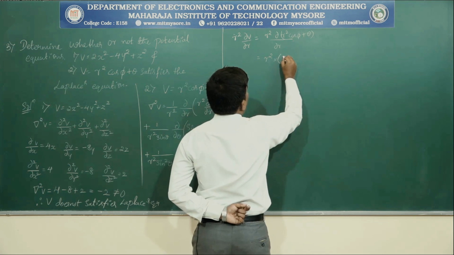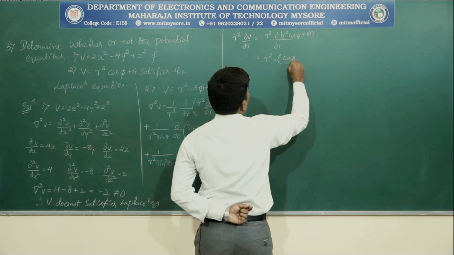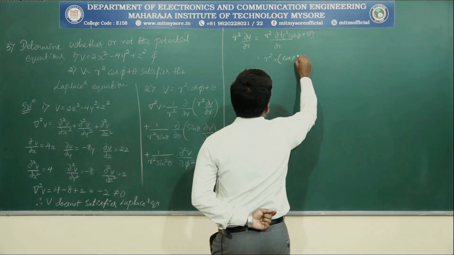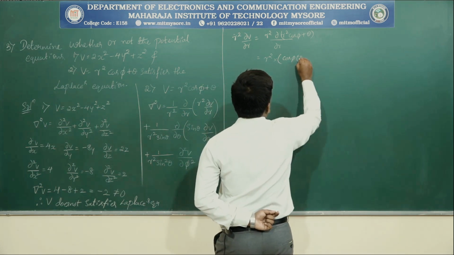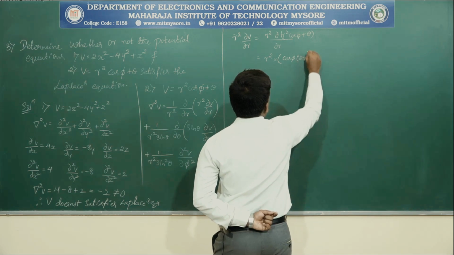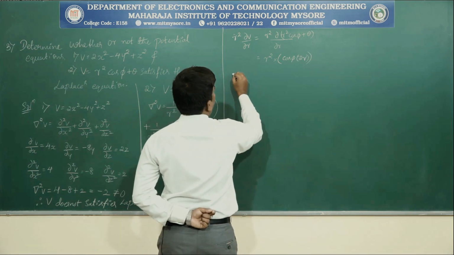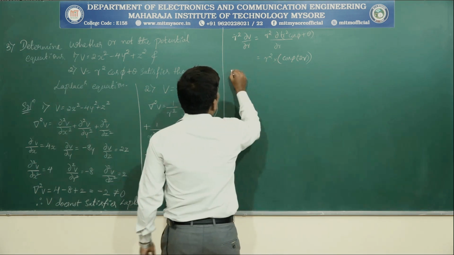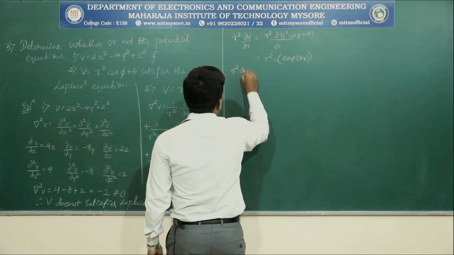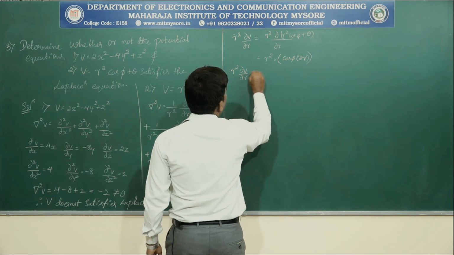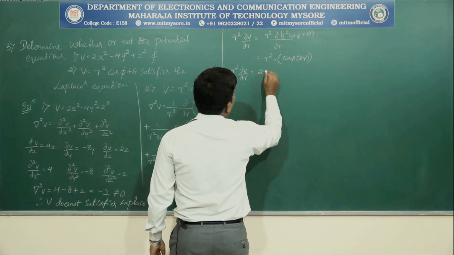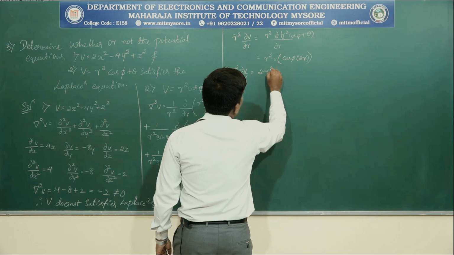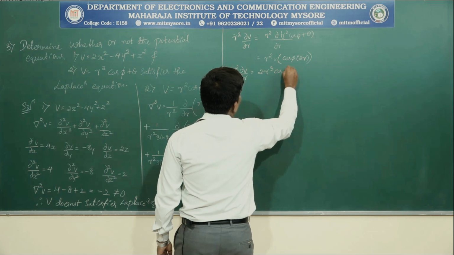Since this is constant, cos φ into 2r. So this is the thing we are going to get. So we will get 2r³ cos φ. r² ∂V/∂r is equal to 2r³ cos φ.